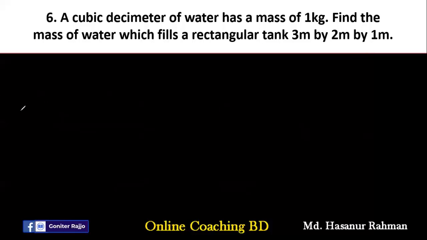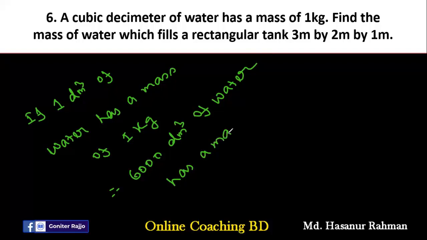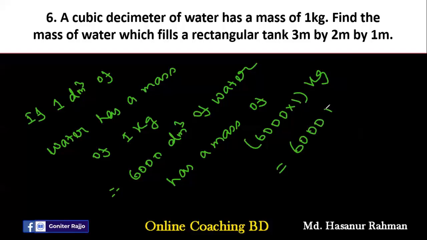So if 1 decimeter cube of water has a mass of 1 kg, then we can easily say, therefore, 6,000, that means total volume of the rectangular tank, 6,000 decimeter cube of water has a mass of 6,000 multiplied by 1 kg. That means 6,000 kg. Very simple.